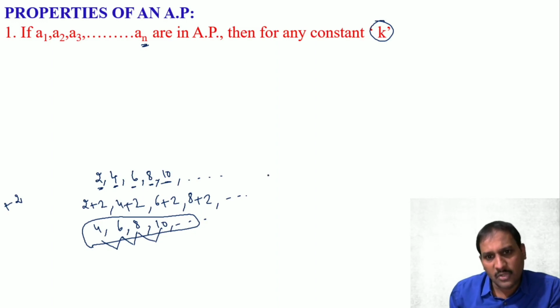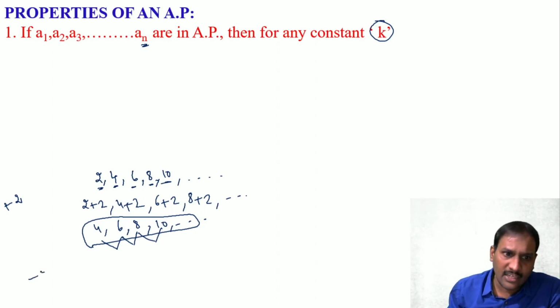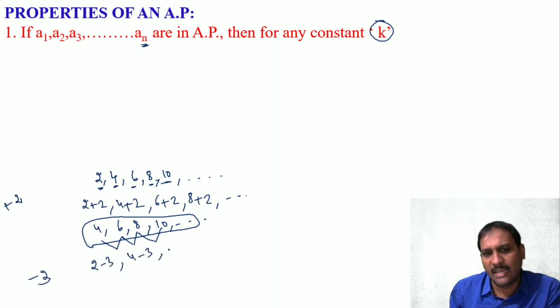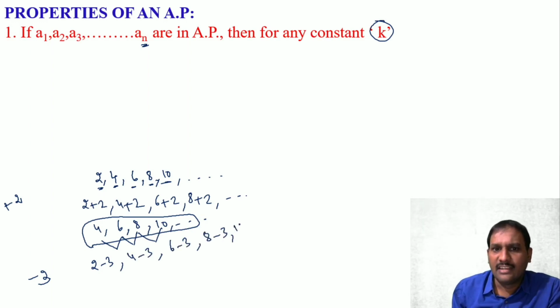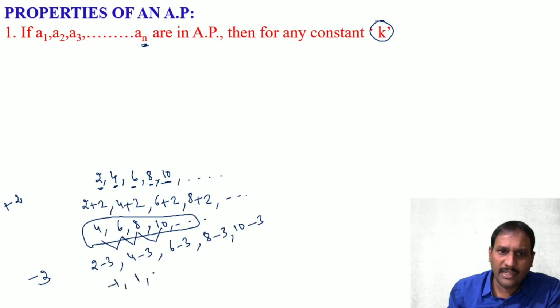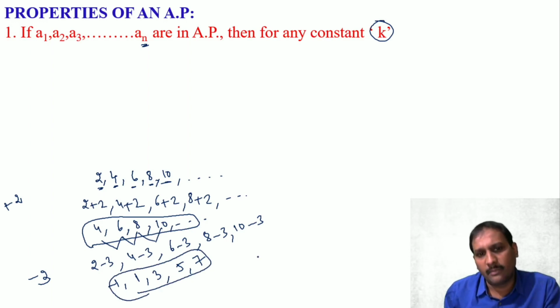In the same way, subtract any constant, let us take 3. 2 minus 3, 4 minus 3, subtract the same number from every term, 6 minus 3, 8 minus 3, 10 minus 3. So that is minus 1, 1, 3, 5, 7. Again these numbers also form an arithmetic progression.